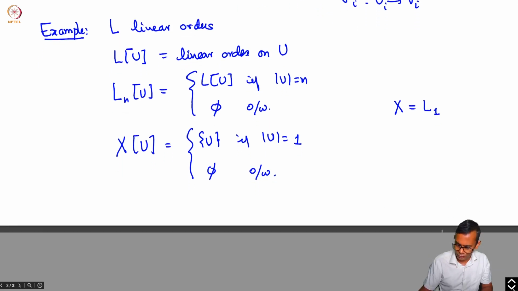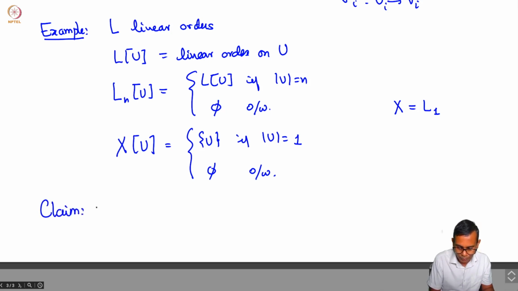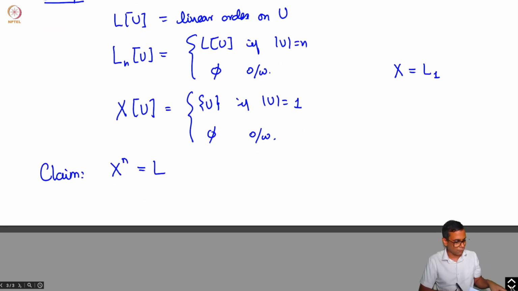They both have just one structure on a set of size 1, and there are no structures on sets of any other size. And now I claim that X to the power n is equal to Ln, that these species are isomorphic.